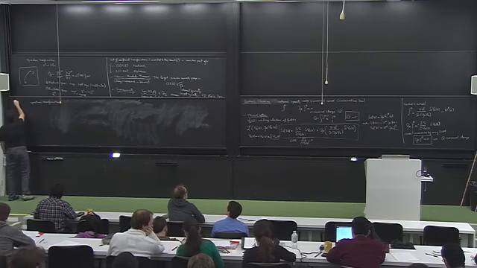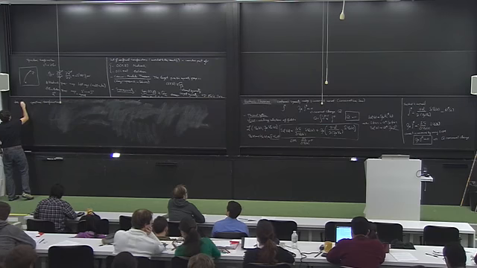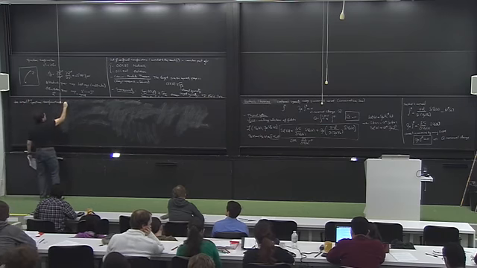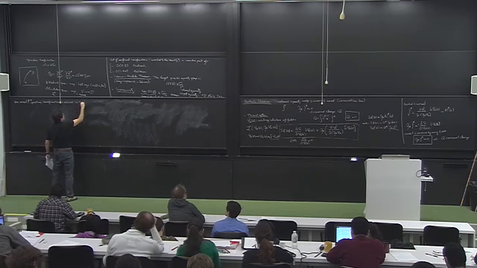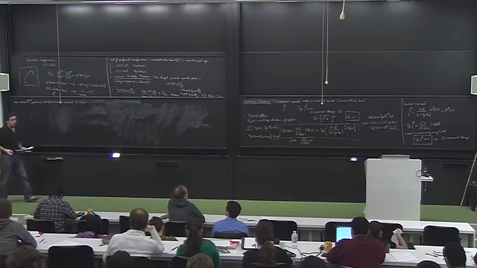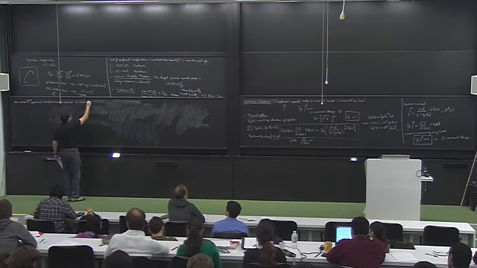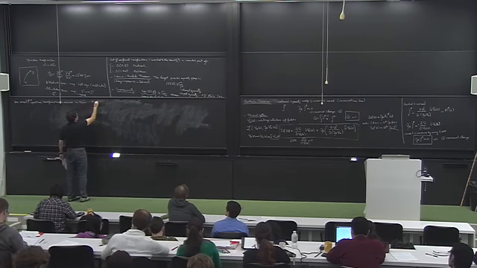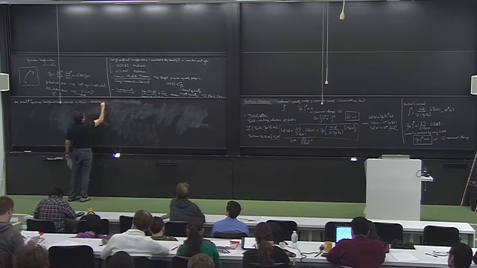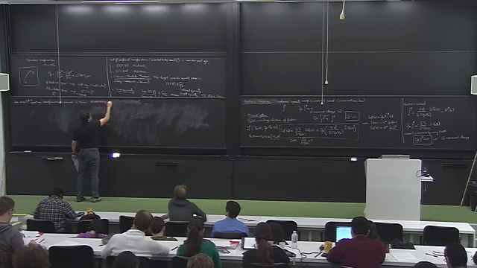the current for a space-time transformation is encoded in terms of a very important operator in local quantum field theory, which is the stress energy tensor. D mu, okay?